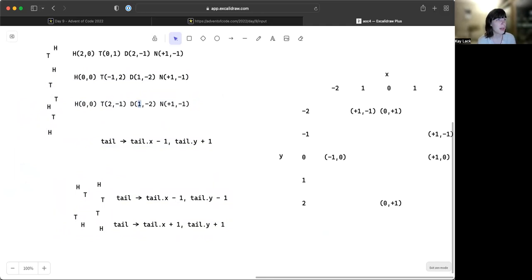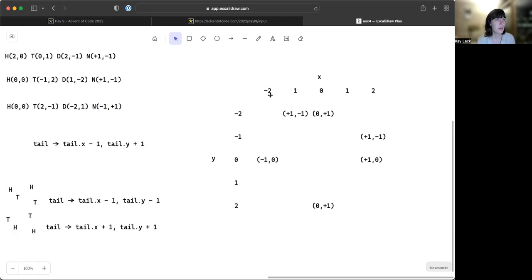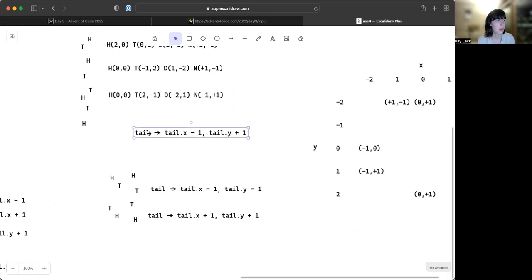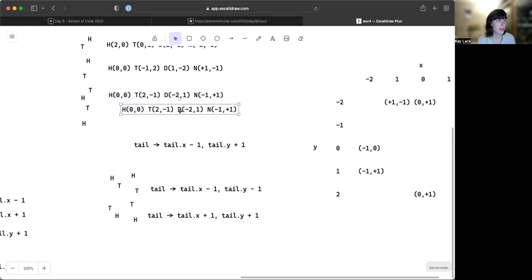Therefore, 0 minus 2 is minus 2. And 0 minus minus 1 is 1. And we're going to have minus 1 plus 1. Minus 2 on the x and 1 here. Okay.